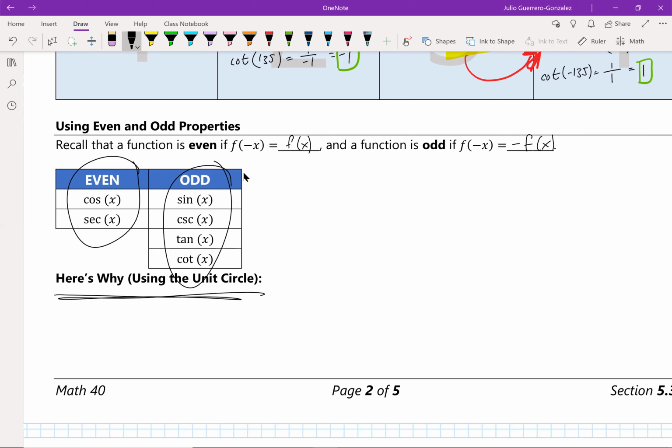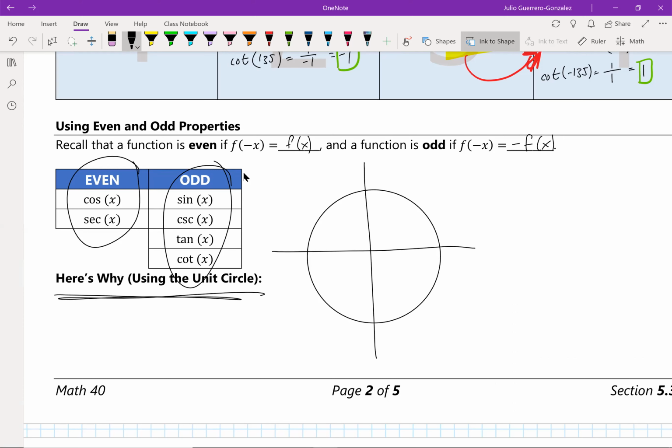The way that we do that is straight out by using the unit circle. So I'm gonna draw my unit circle again. Try one more time. There we go. Okay. So as you guys know, we start at 0 degrees, right?